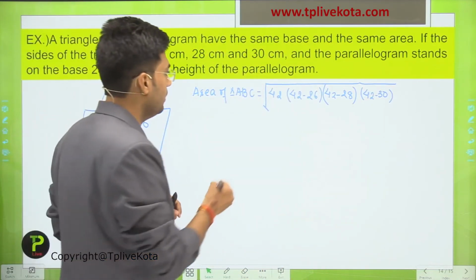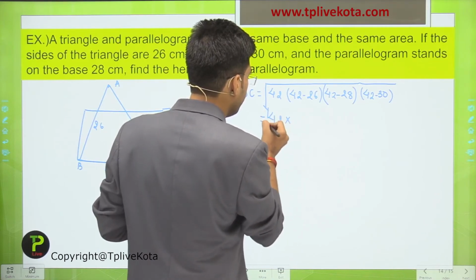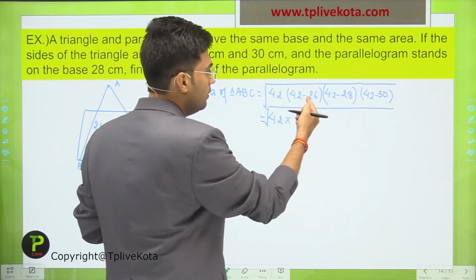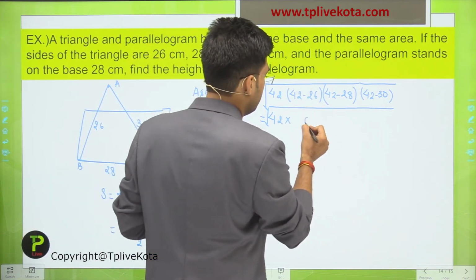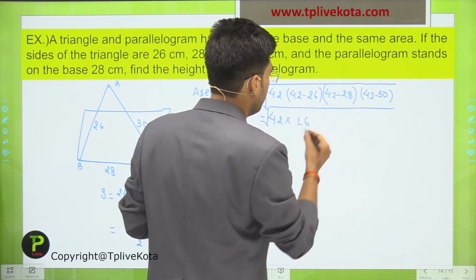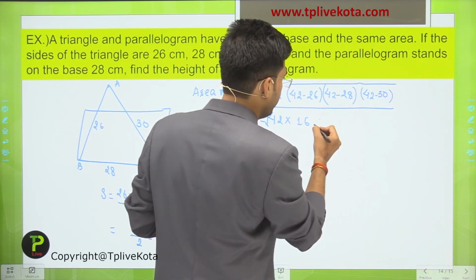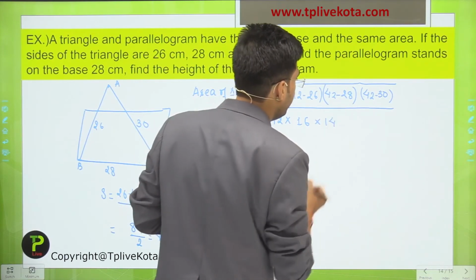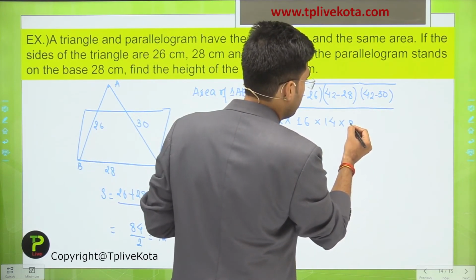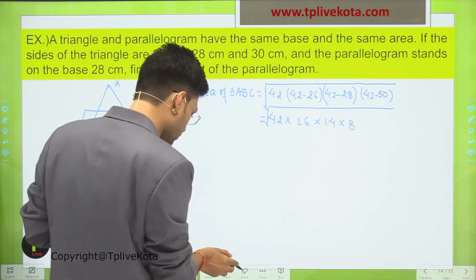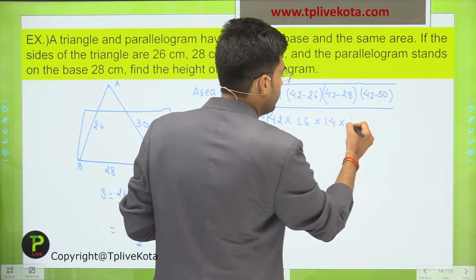Now when we solve this, what will we get? It is 42 multiplied by, this is in under root, 42 minus 26, it is equals to 16. 42 minus 28, it is equals to 14, and 42 minus 30, that is equals to 12.